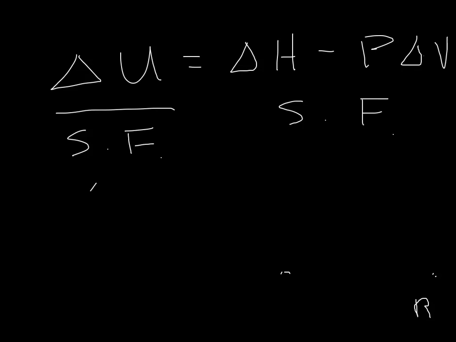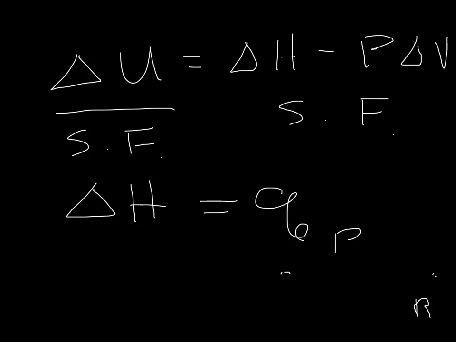So remember, delta H, the change in the enthalpy, is really equal to the amount of heat either gained or lost by the system at constant pressure conditions. And we're good with it. We like it. It's a good thing.